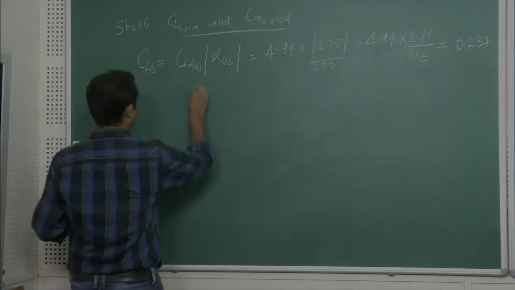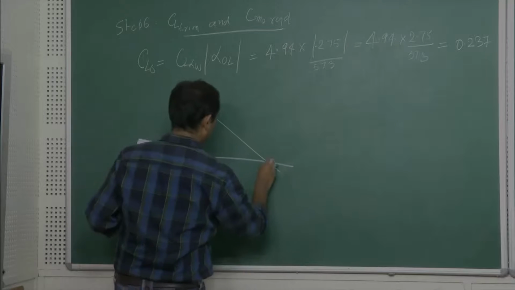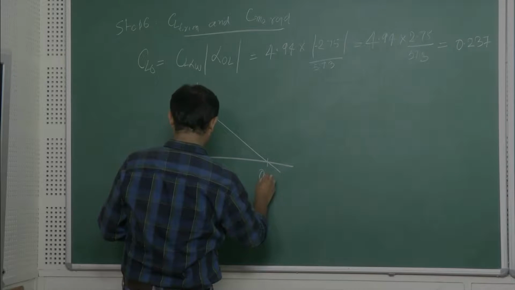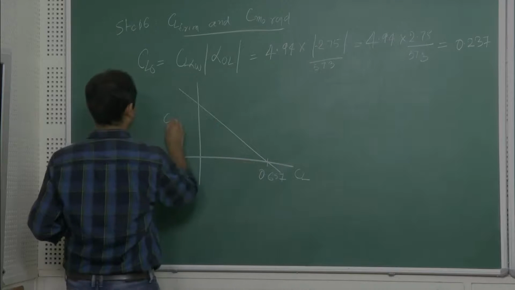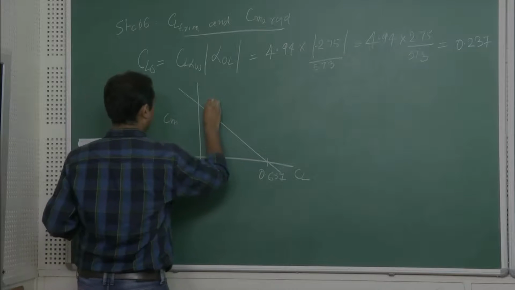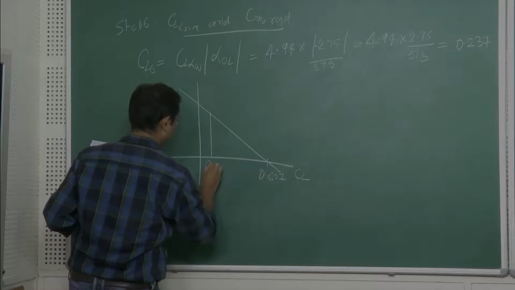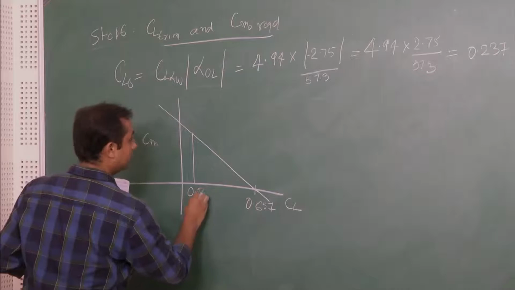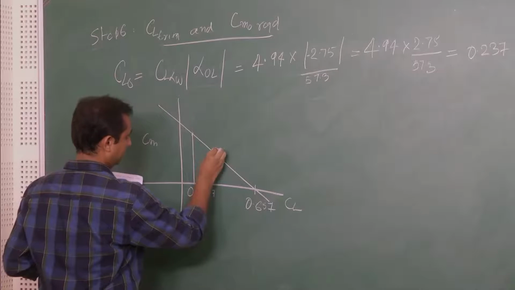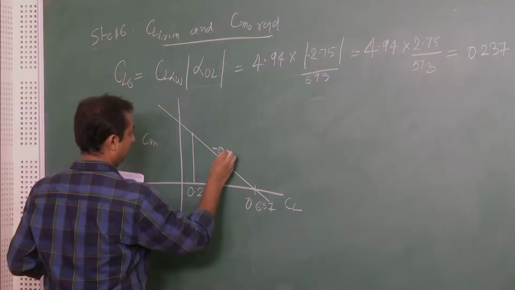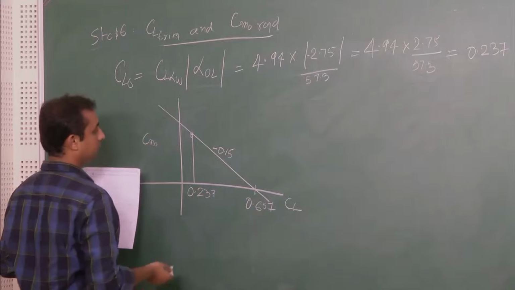We have seen from the graph that my Cl trim position was 0.657 on the Cl versus Cm graph. I have to calculate my value at 0.237, and I also know that the slope is minus 0.15, minus of static margin. So I can easily get this position.